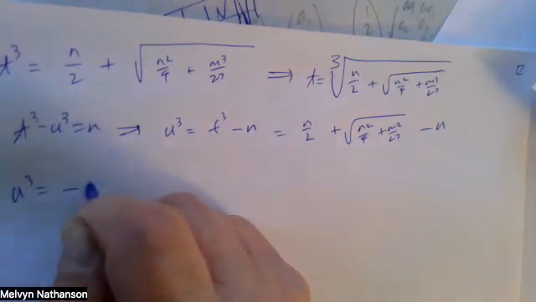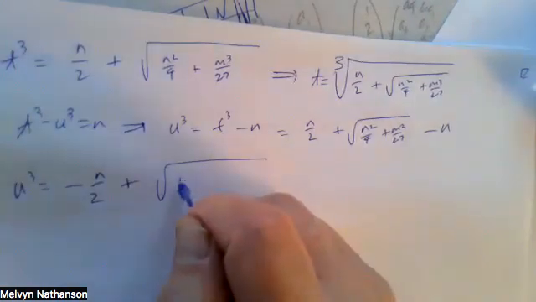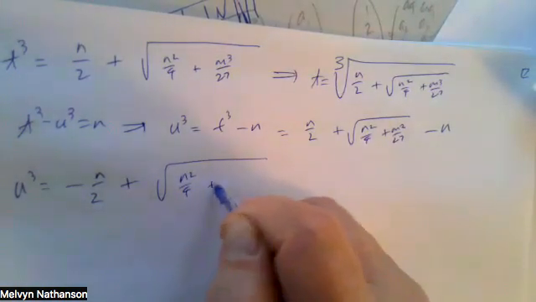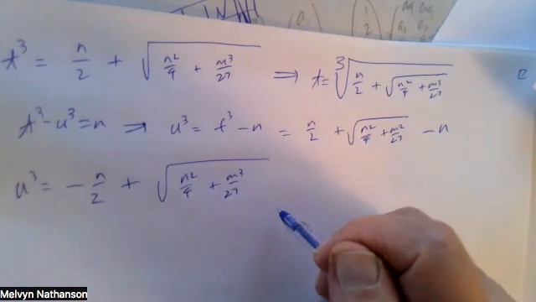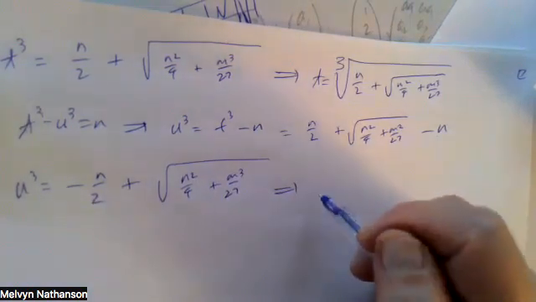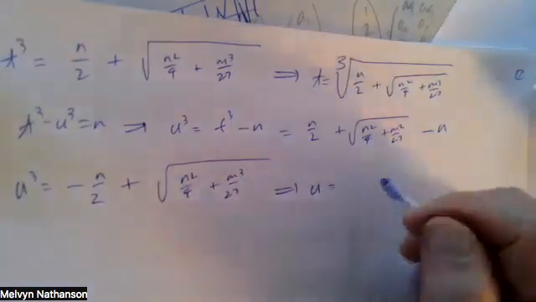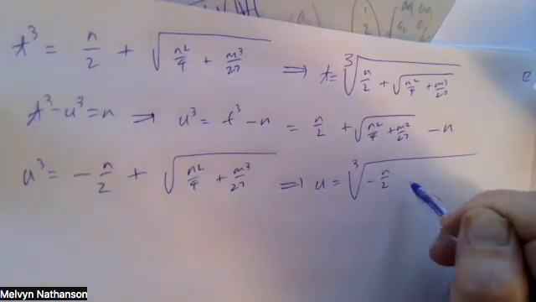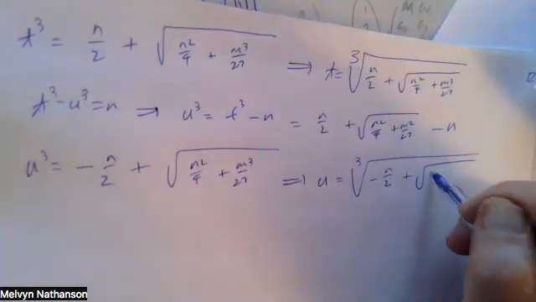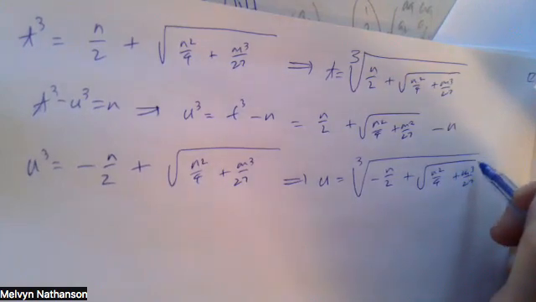So u cubed is minus n over 2 plus this square root. So u is the cube root of this mess. It's the cube root of minus n over 2 plus the square root of n squared over 4 plus m cubed over 27.